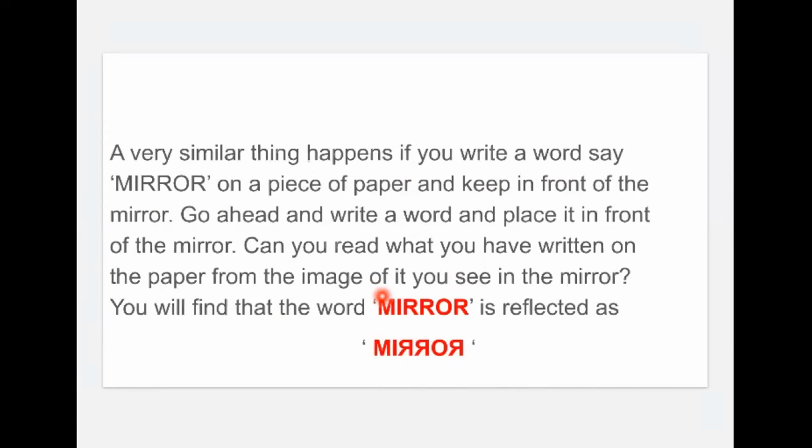Definitely M will be seen as M only. I, there is no lateral inversion. Definitely the image is going to be the same. But if you see R in this word mirror, it will be flipped. What is flipping? Flipping means left appears to be right and right appears to be left in the image. So this is how the lateral inversion is going to take place for the word mirror.